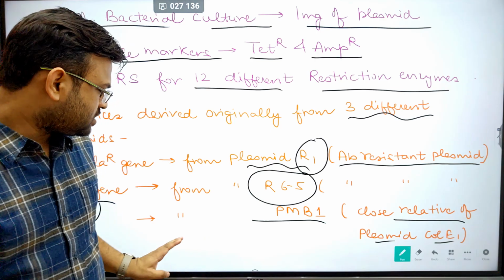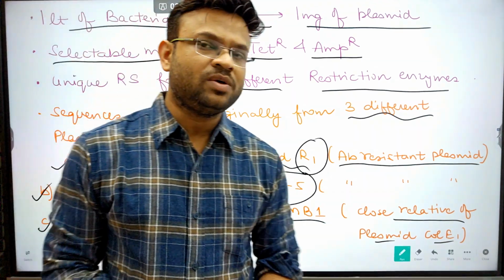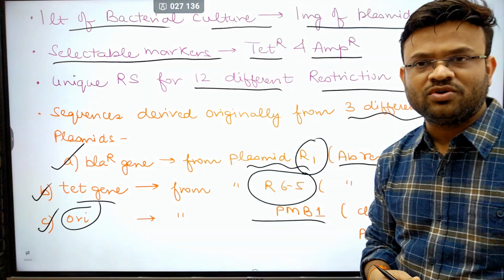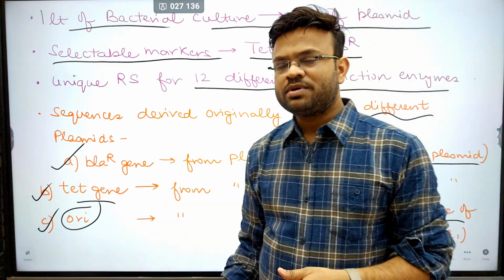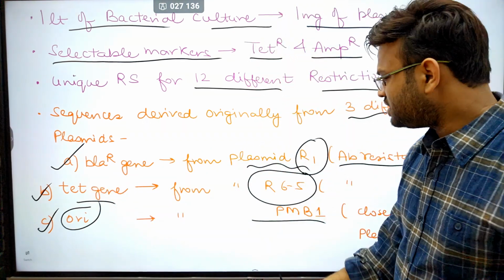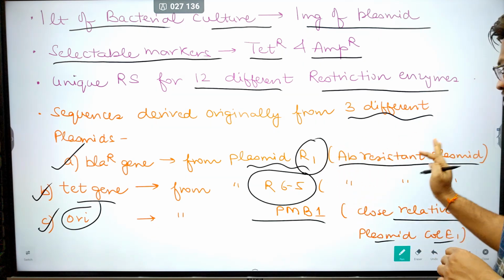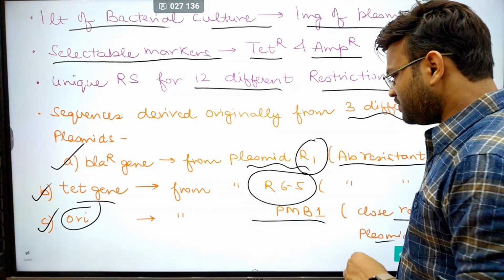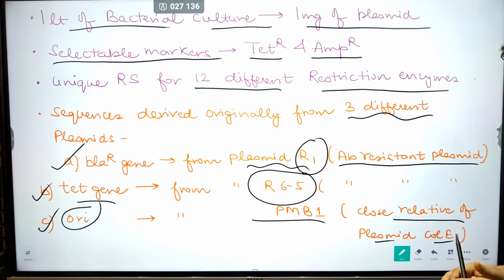This is just because the origin of replication gene is coming from the pMB1, that is a close relative of ColE1 type plasmid. So these are the three genes, remember, BLA gene, TET gene, and ORI gene. The above two genes are basically coming from antibiotic resistance plasmids, and the third, the origin of replication, would be coming from pMB1.